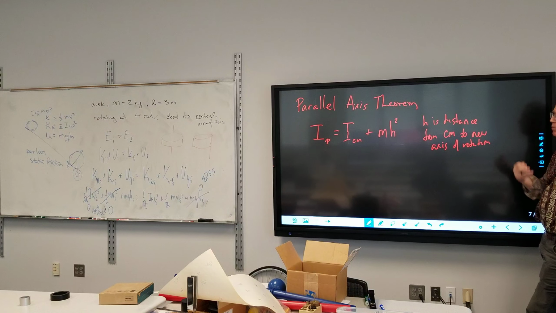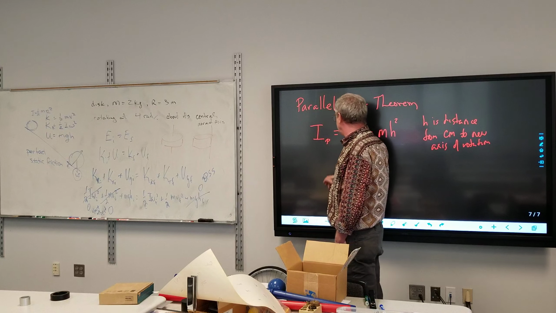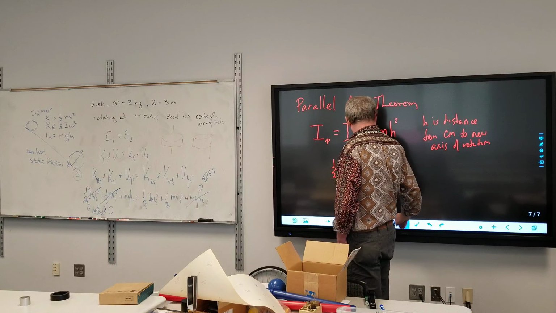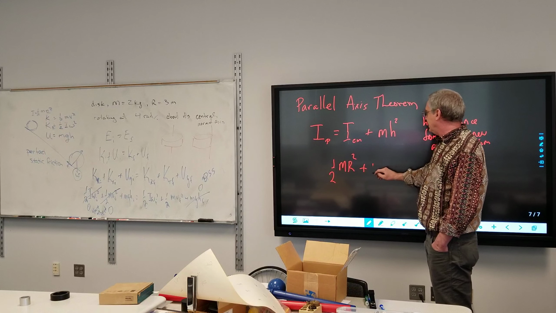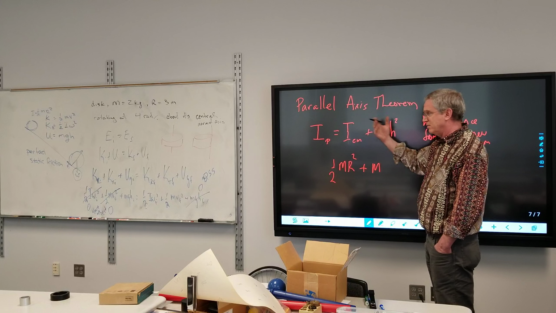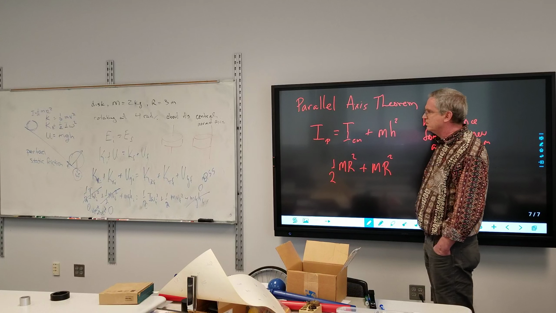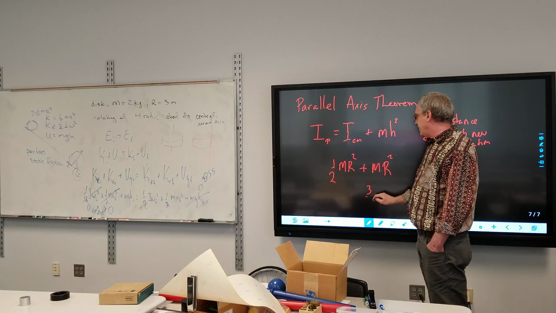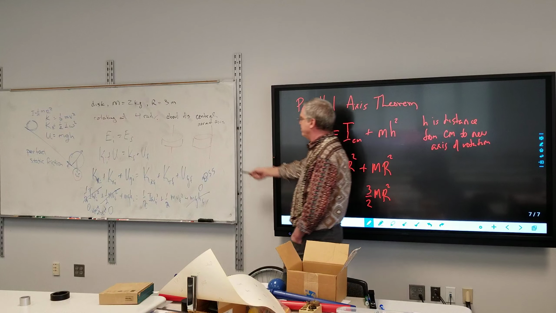So in this particular case, we shifted the axis a distance of r. So the moment of inertia for this situation would be 1/2 mr squared plus m, because that's the mass involved, times r squared. Because we've moved that axis by the radius, we get 3/2 mr squared. That is the moment of inertia of this.